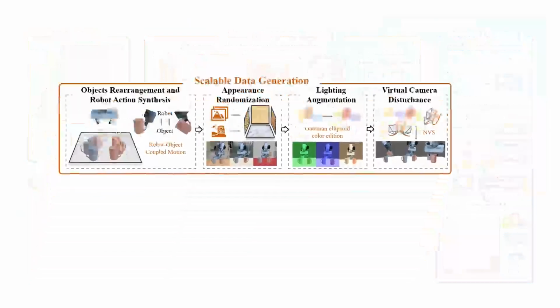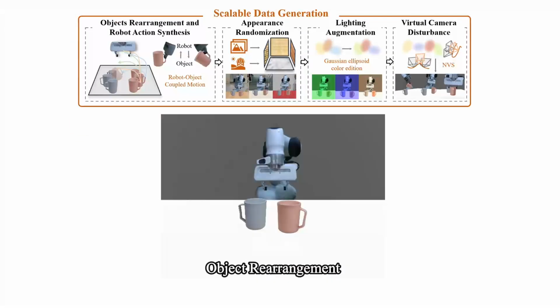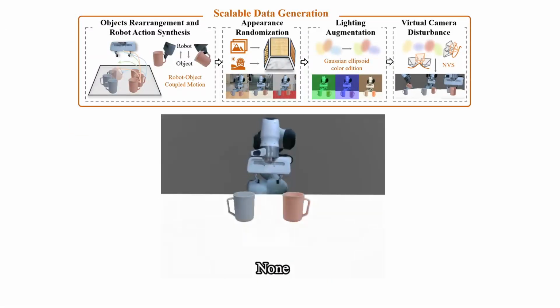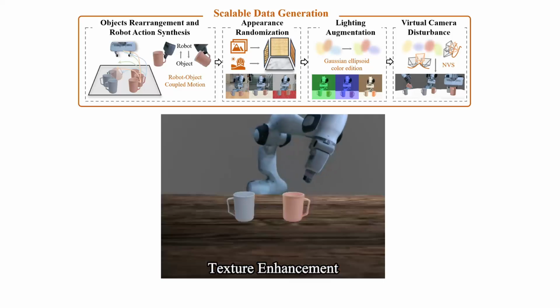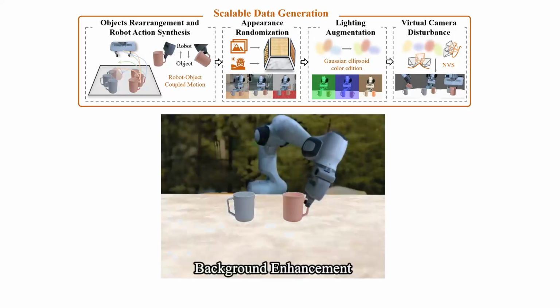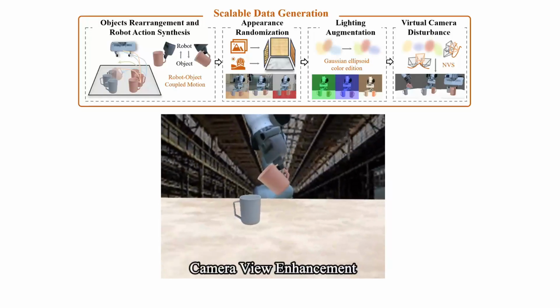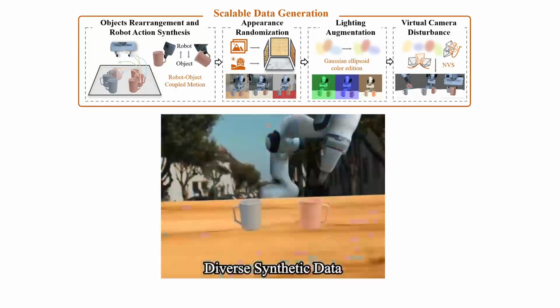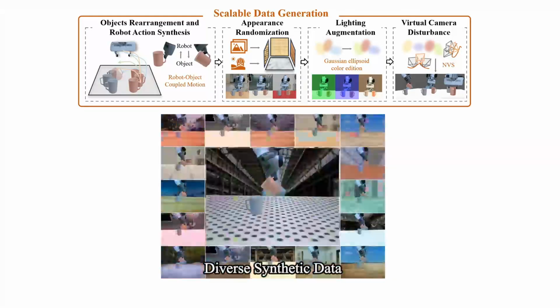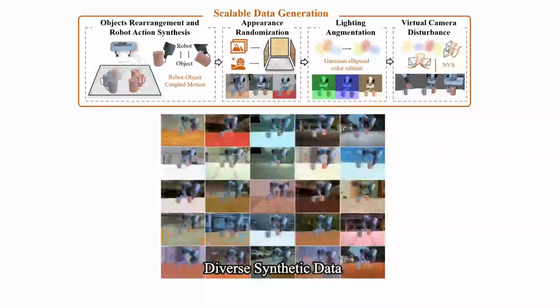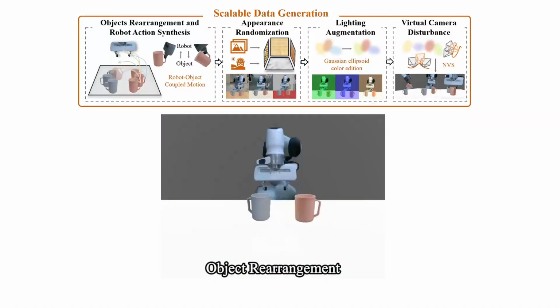Second, scalable data generation. We automatically generate large-scale and diverse robot demonstrations based on 3D GS. We first perform object pose rearrangement by randomly placing objects within safe regions. The designed robot object coupled motion ensures physically plausible execution throughout robot transit, grasping, transfer, and task execution.